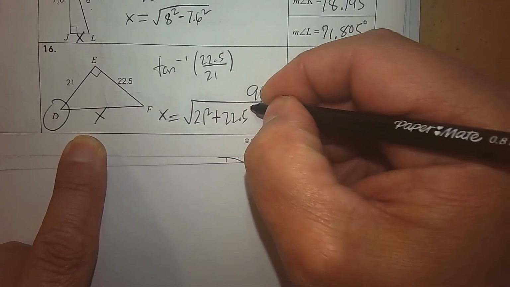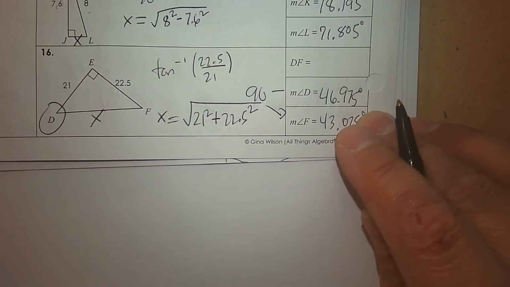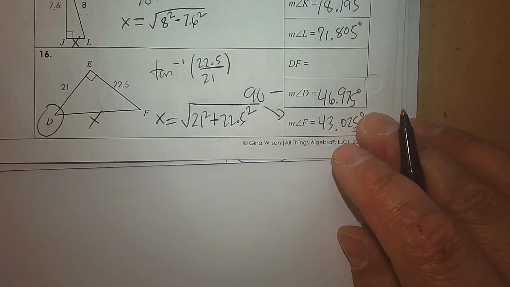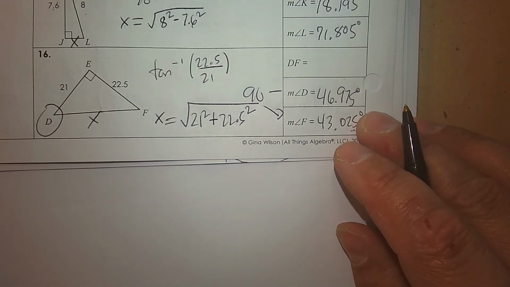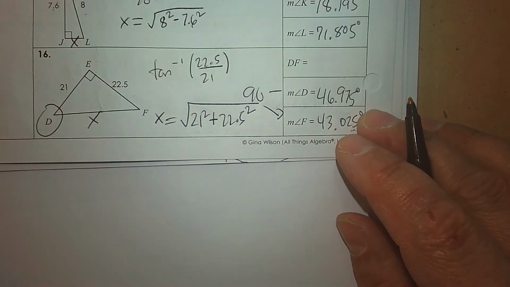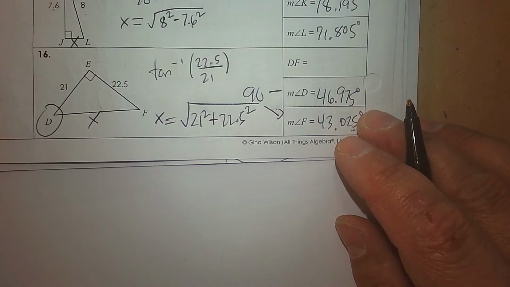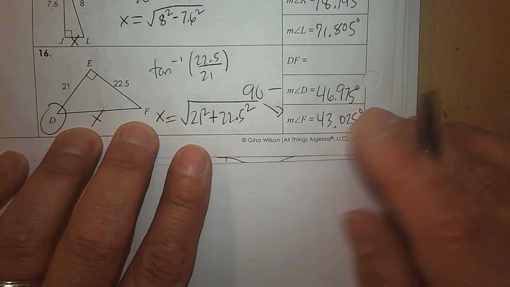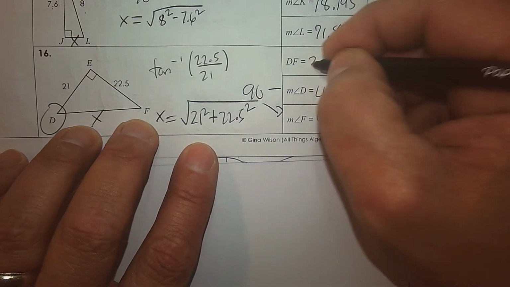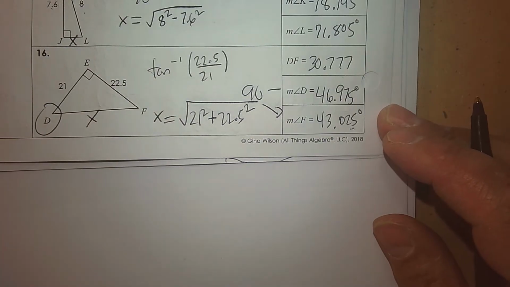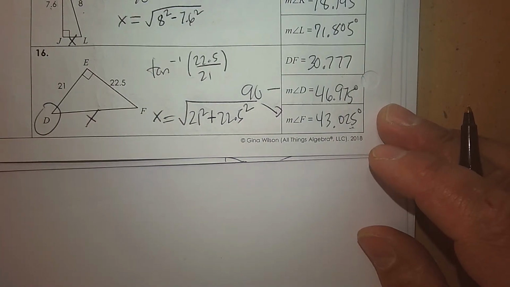If I'm finding the hypotenuse, I add. If I'm finding a leg, I have to subtract with the hypotenuse first. So the square root of 21 squared plus 22.5 squared, and you get 30.777. That's a good omen right there. 30.777, right? Turn the page when you're ready.